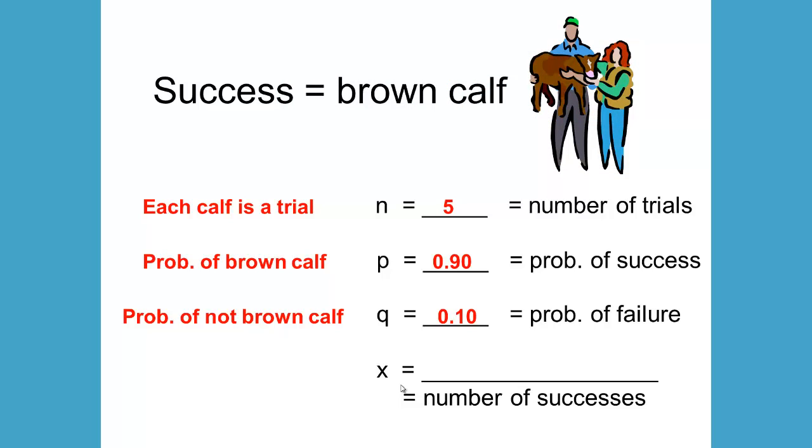X is the number of successes possible. So in this case, it's the number of brown calves that we could have, which would be either 0 or 1 or 2 or 3 or 4 or 5.